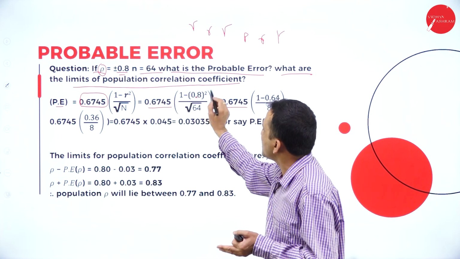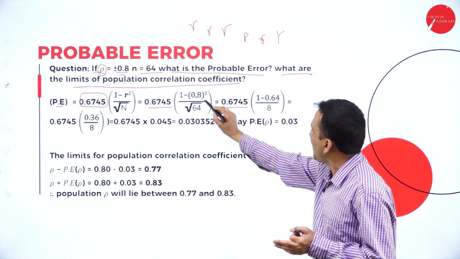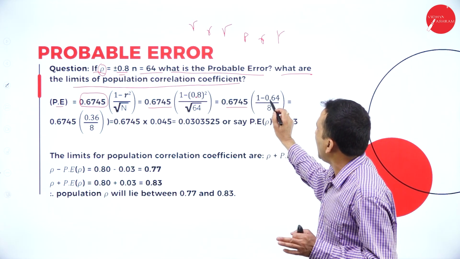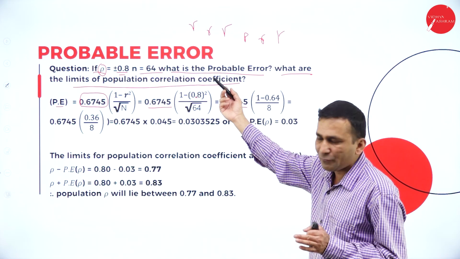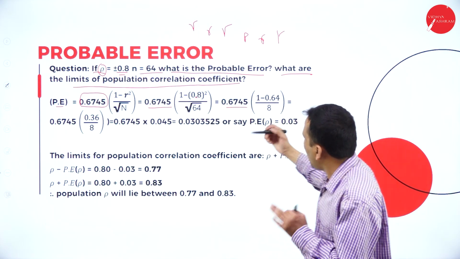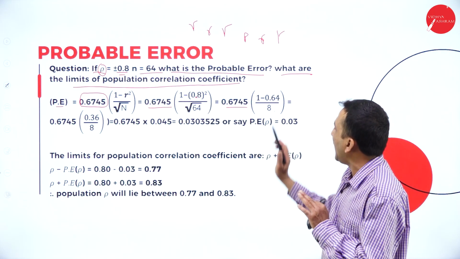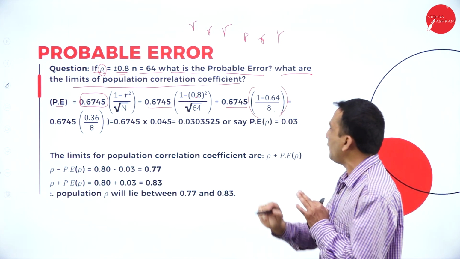First I want to take the square root, so 1 minus 0.8 into 0.8, which gives 0.64, and in the denominator, removing the square root, I get 8. Again I want to simplify this.